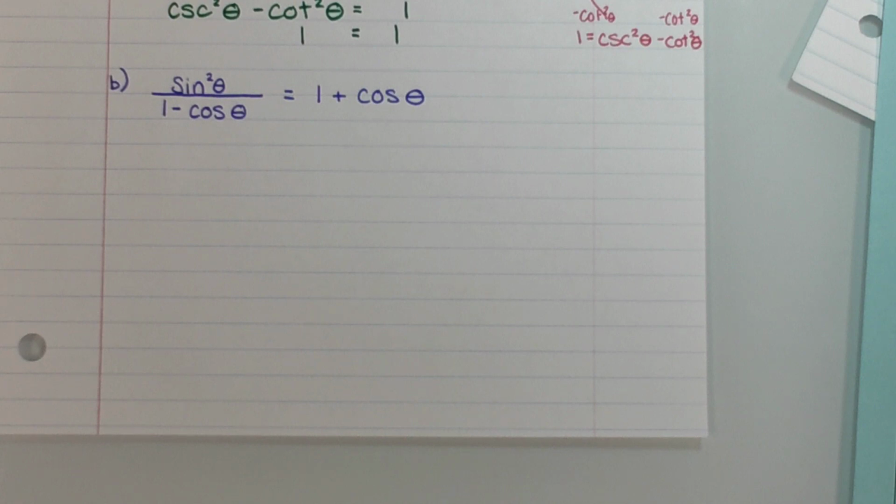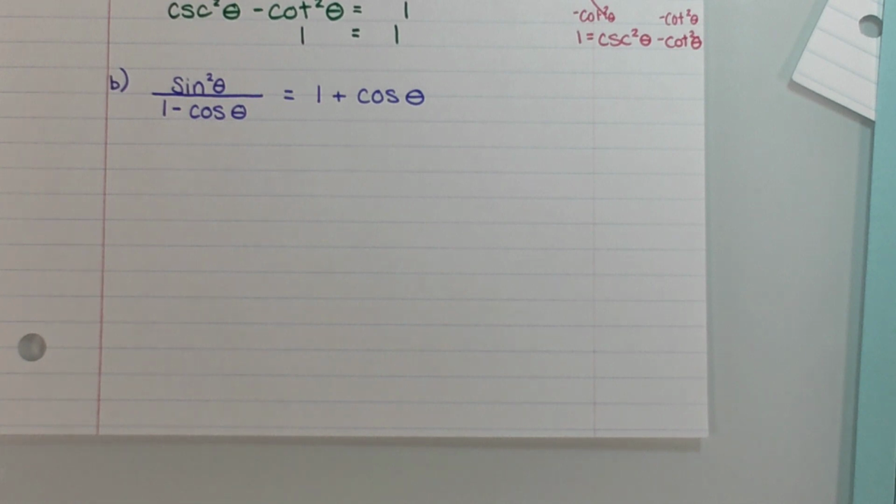Adding or subtracting fractions? No, I just got a single fraction equal to something that's not a fraction. Factoring. Algebra. When in doubt, everything is already sine of theta and cosine of theta.